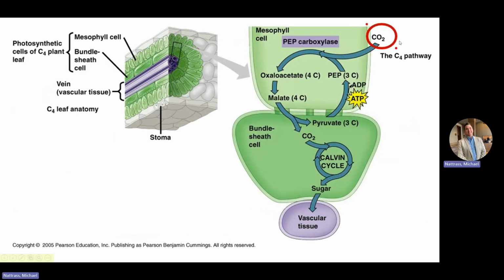Okay, a couple of different looks at this. We have carbon dioxide coming in through the stoma. PEP carboxylase. We have our 3-carbon PEP. That PEP carboxylase fixes this CO2, kind of tag teams with PEP to form oxaloacetate.